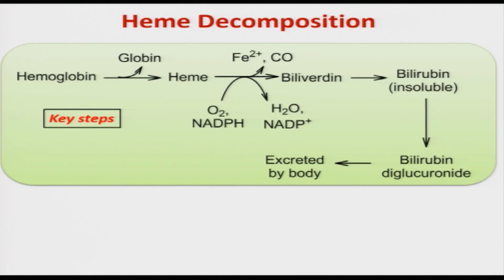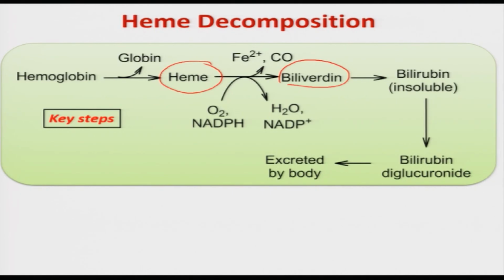As you can see, the key steps are shown here, and this gives heme centers upon removal of globin chains. This heme center is converted to biliverdin by using oxygen as an oxidant and NADPH, which is a reducing agent.